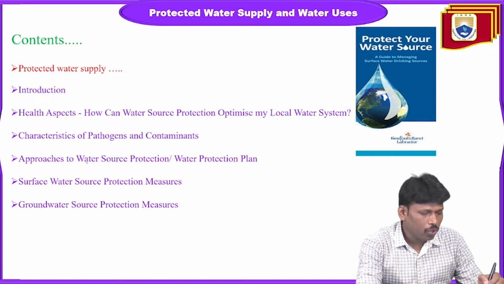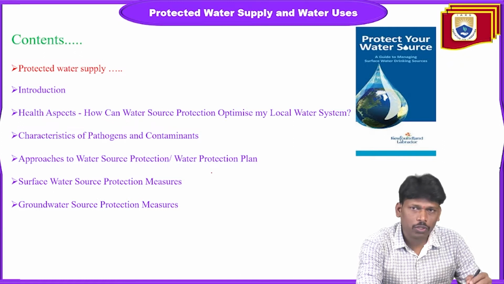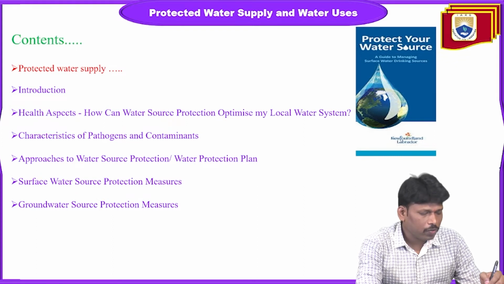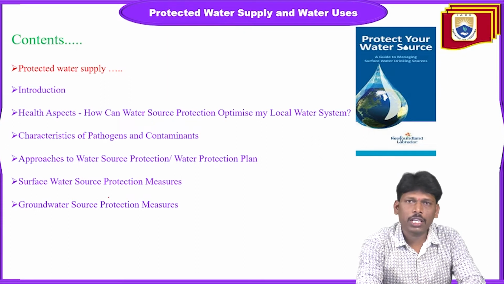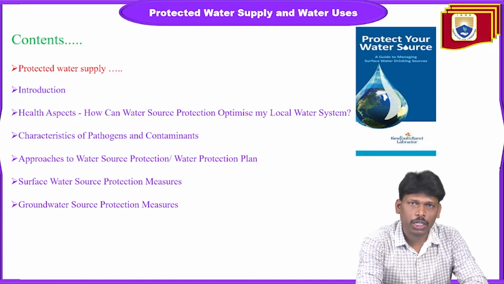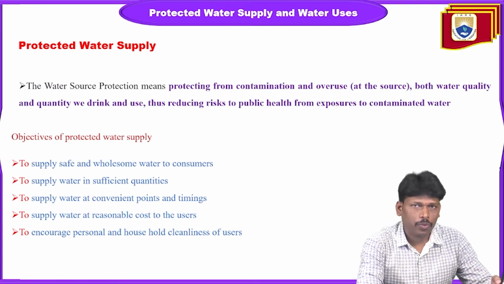Then approaches to water source protection and the protection plan. We should have a well-made plan, and only then will we protect the surface or subsurface water sources. Then surface water source protection measures and groundwater source protection measures. These are the various topics we will discuss under protected water supply.